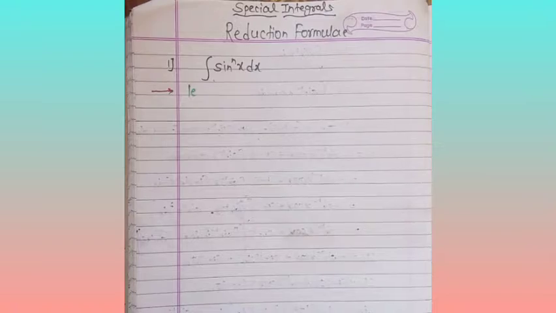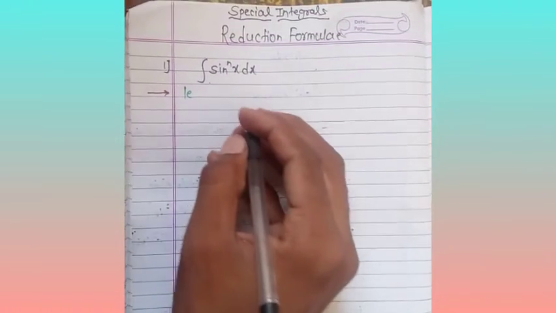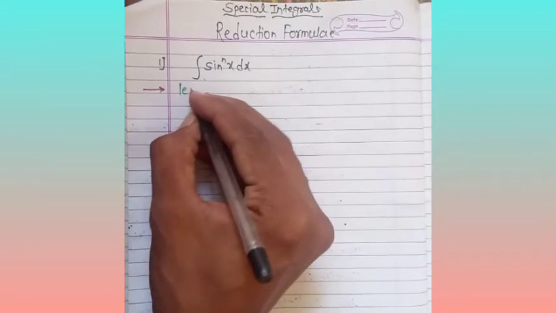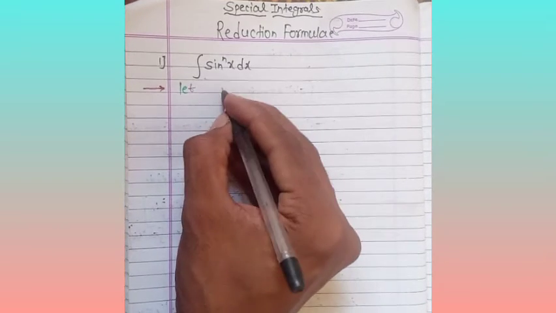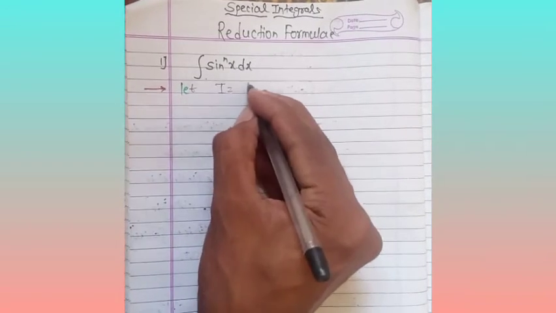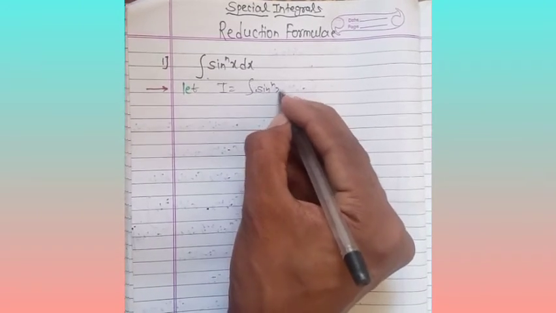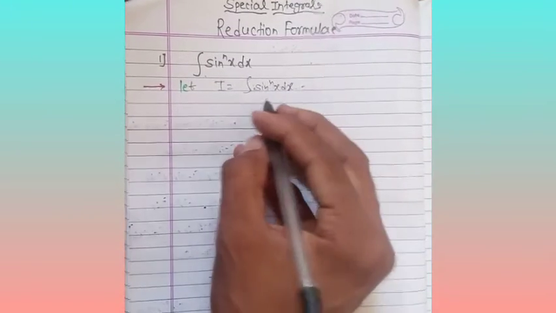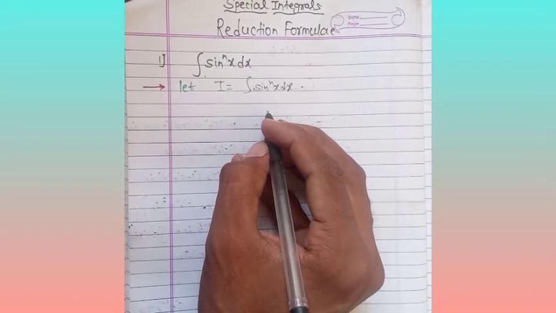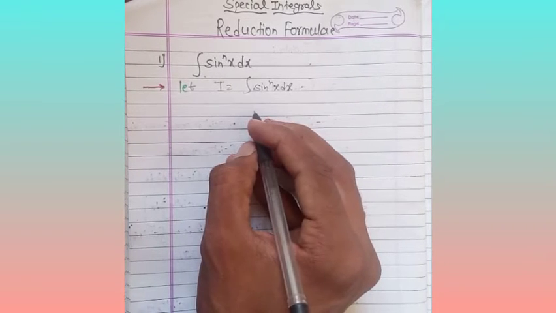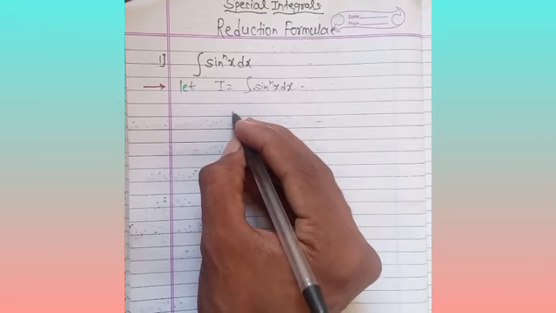So let us start. First we will let I equal the integration of sine raised to n x dx. Then in the next step we will adjust a term so that we can easily solve this integration.